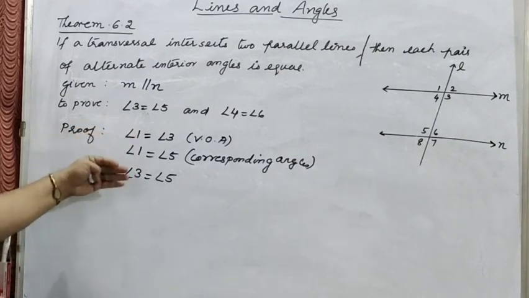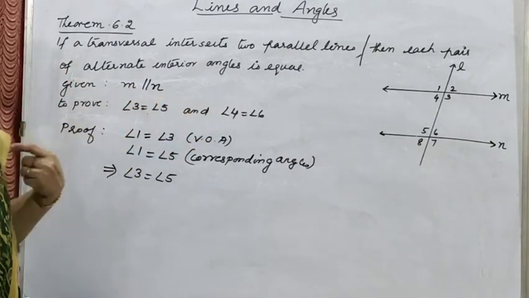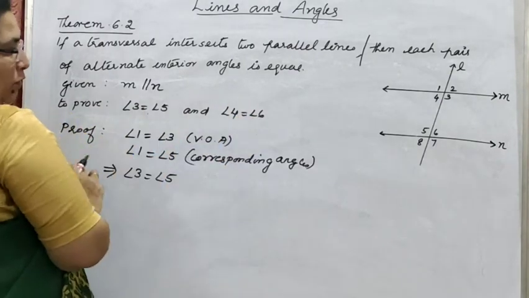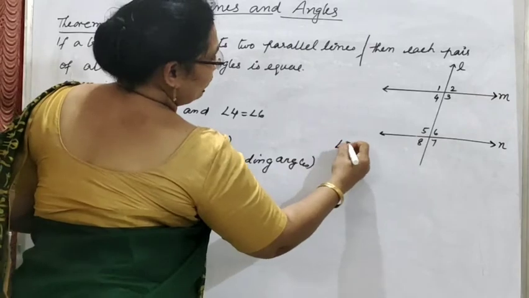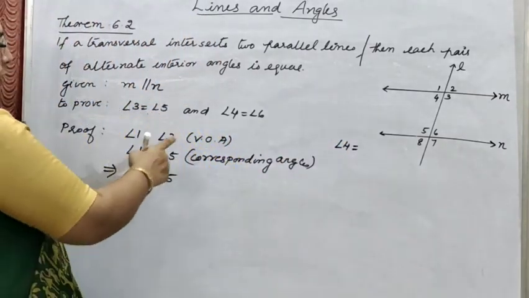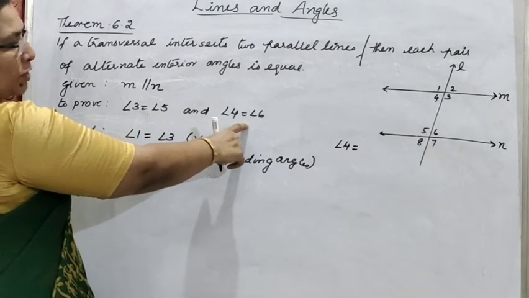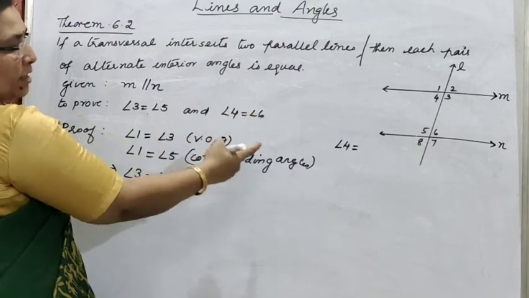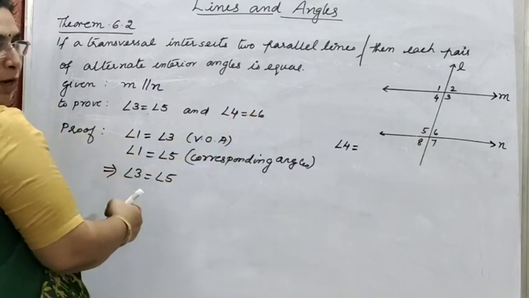Now if you understood this step, similarly tell me first for 4 and 6. Angle 4 is equal to which angle, and angle 6 is equal to which? We have to bring in angle 6. Angle 4 is equal to angle 2, as vertically opposite angles. And which is the corresponding angle for angle 4?